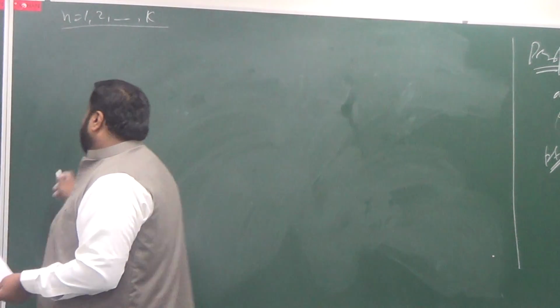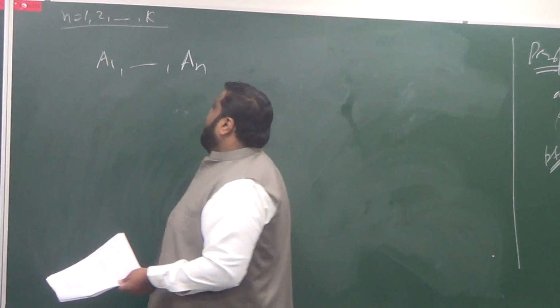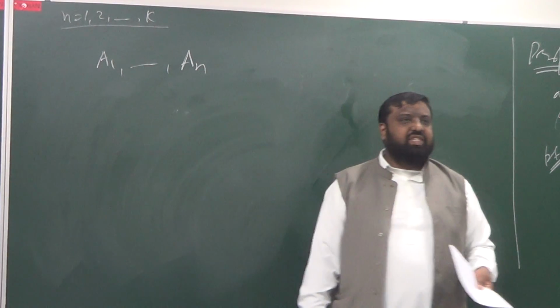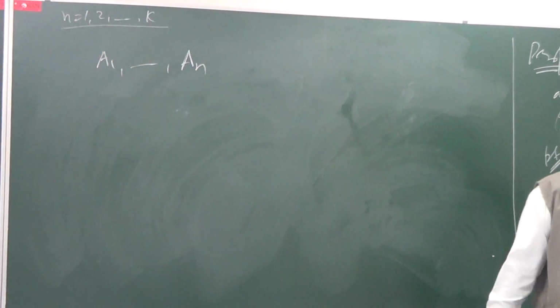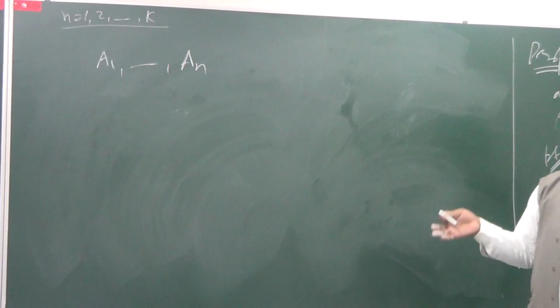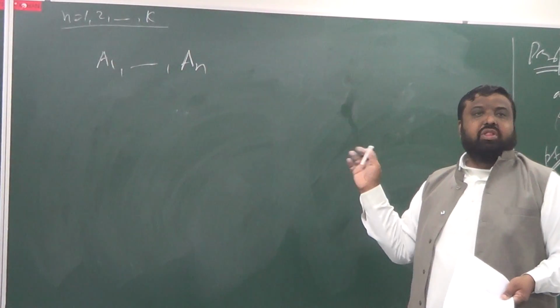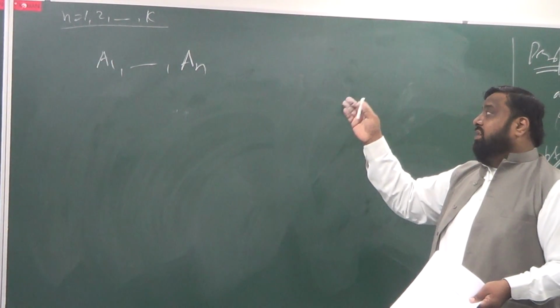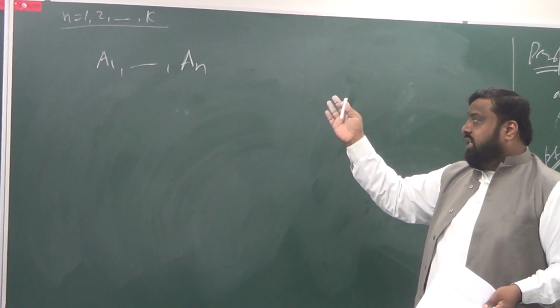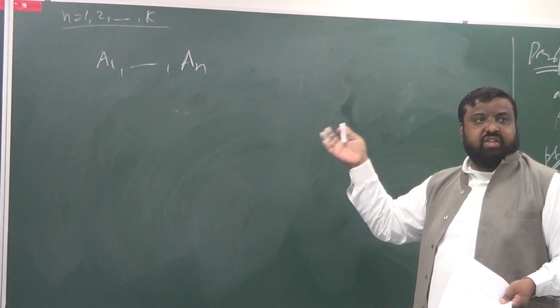Take all possible intersections: two intersections, intersections of 3 sets, 4 sets, 5 sets, and so forth.